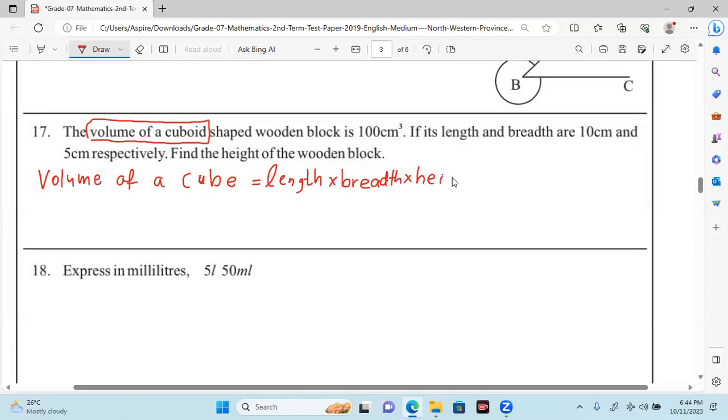Okay, this is how we find the volume of a cube or cuboid.